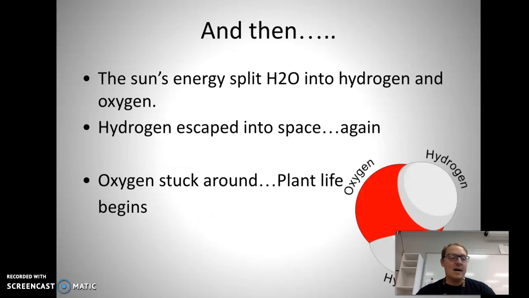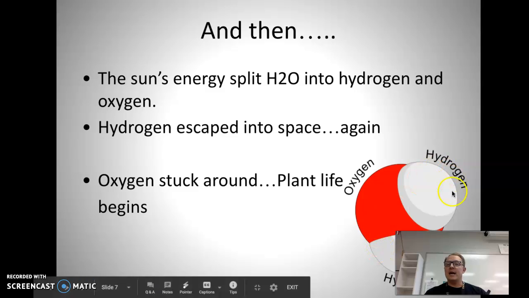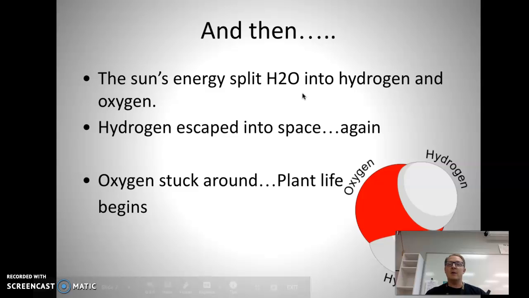Now, over time, the sun has had a really interesting effect on this water. Because we had oxygen and hydrogen forming water molecules on planet Earth, the sun was able to start with its energy splitting those two elements apart from each other. So hydrogen and oxygen that were bound together in water started to split.